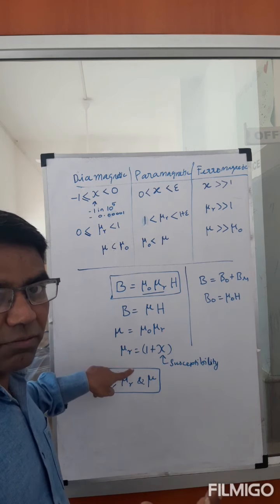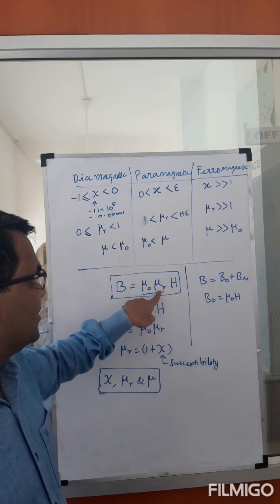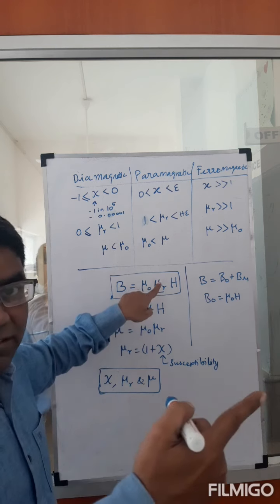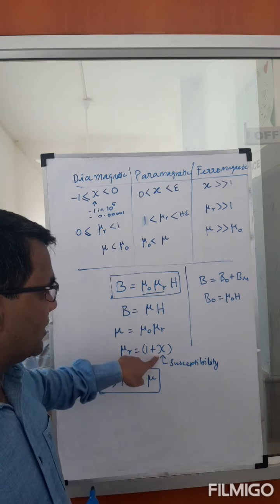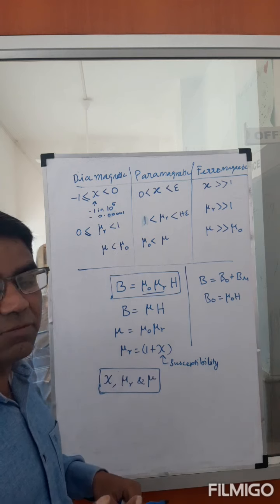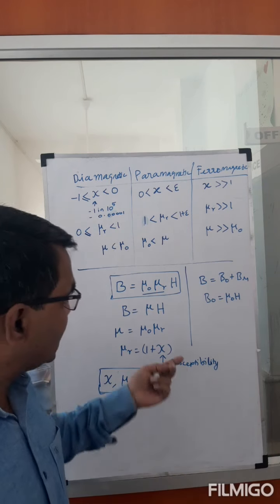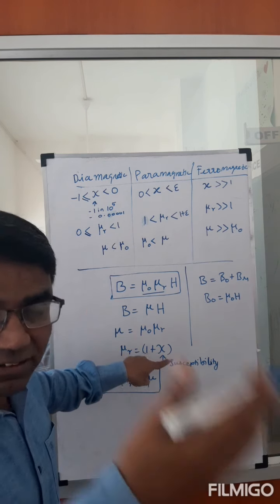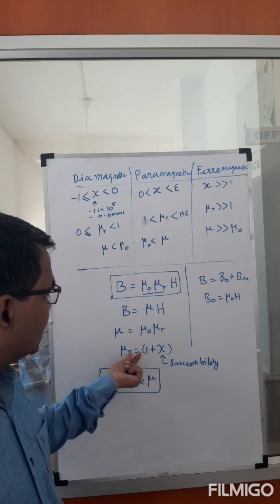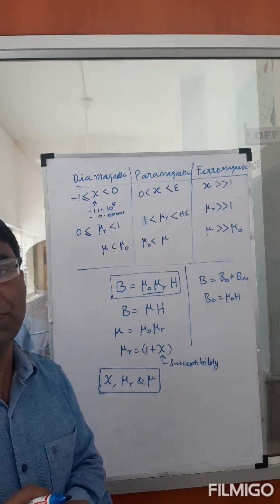It is more than 1, because the field now has to be greater than B naught, which means that mu r has to be greater than 1, which means that this number xi, the susceptibility, has to be greater than 0. If it is less than 0, this will be less than 1, but this has to be greater than 0, so that this is greater than 1, but not by much.